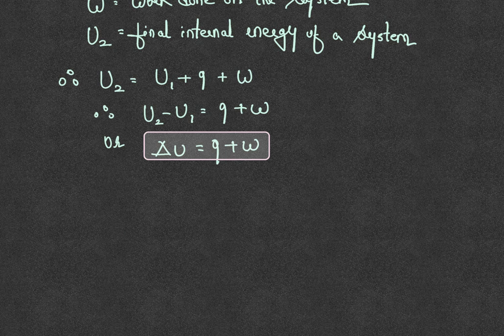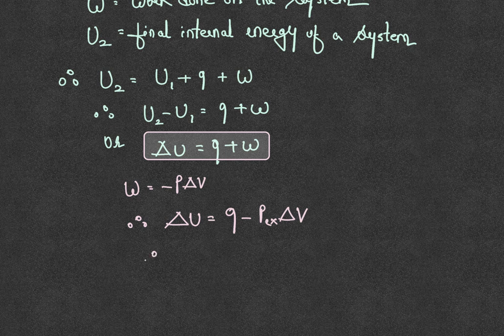So W is equal to minus P delta V, P external into delta V. Therefore, delta U is equal to Q minus P external into delta V. Right?